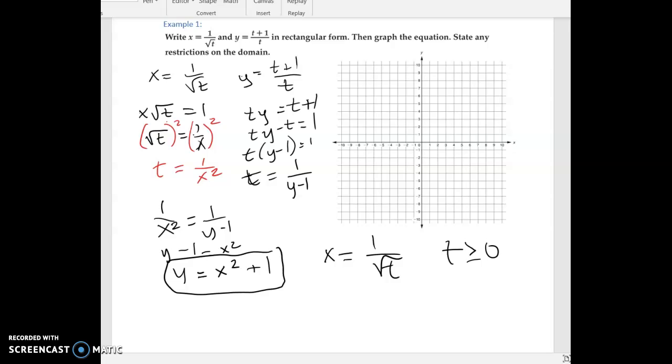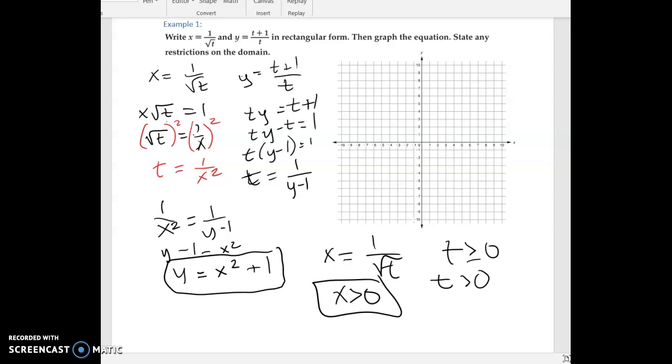But if it were equal to 0, that would cause a denominator of 0, and dividing by 0 is undefined. So 0 can't be an option, which means t would have to be greater than 0, and that results in x also being greater than 0. That's the restriction on the x value.